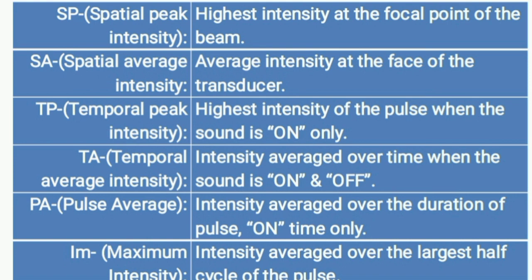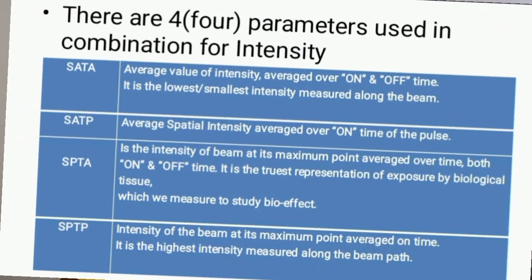Pulse average is the intensity averaged over the duration of pulse on time only, while maximum intensity is the intensity averaged over the largest half cycle of the pulse. There are 4 parameters used in combination for intensity.